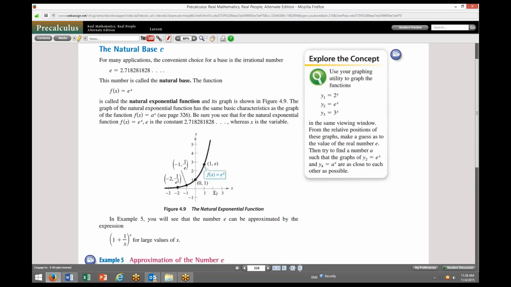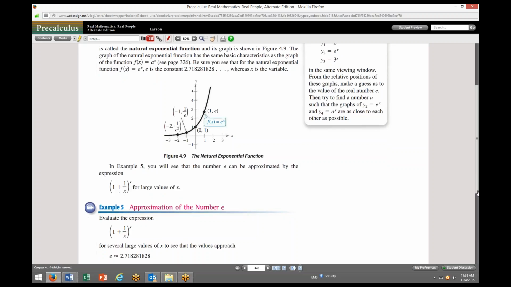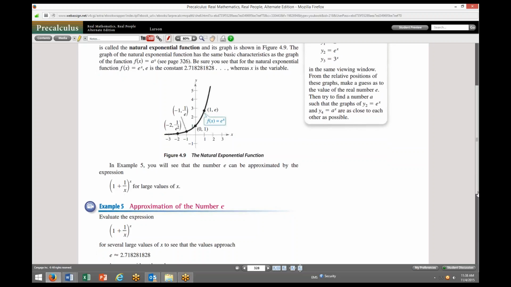It has the horizontal asymptote y equals 0, has the y-intercept of (0, 1). When x equals 1, y equals e, because y is e to the x, and anything to the first power is itself, so e to the 1 is just e. So it behaves like any other exponential function with a base greater than 1.